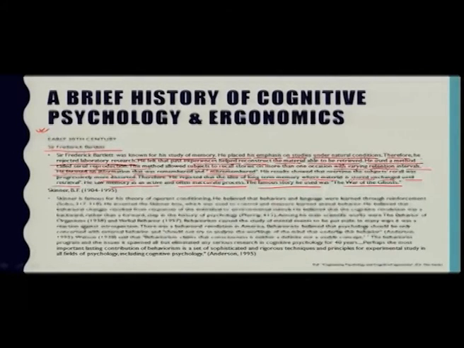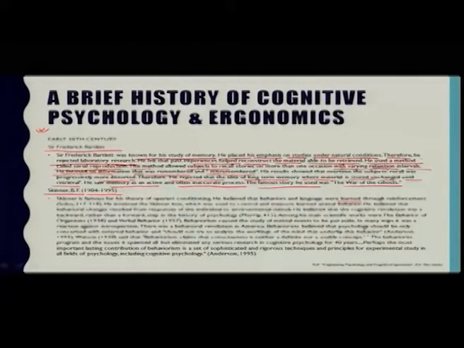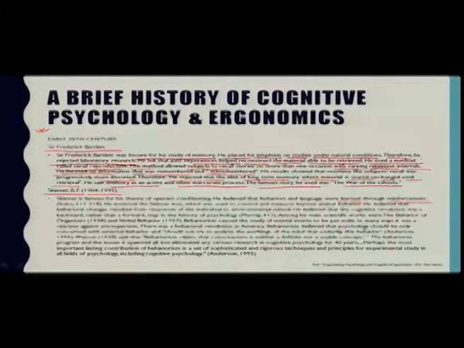And the scientist I would like to summarize also is B.F. Skinner, whose tenure was from 1904 to 1995. He is famous for his theory of operant conditioning. He believed that behavior and language were learned through reinforcement.